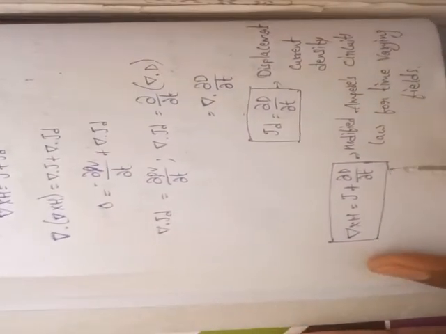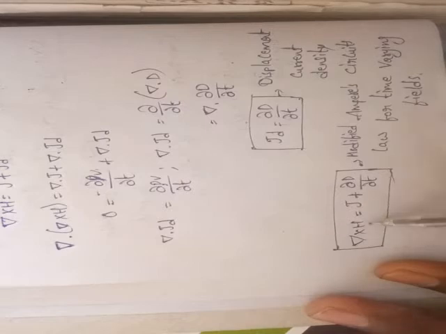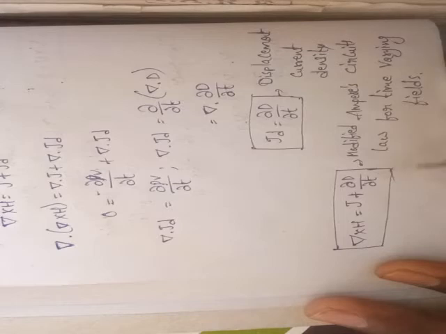And del cross H is equal to J plus dou D by dou t.